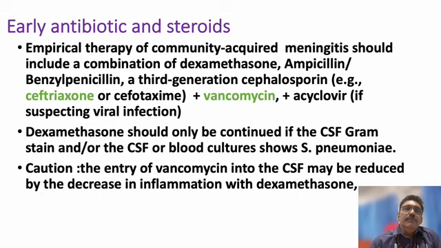To prevent that, at least half an hour prior to the first antibiotic dose, we have to give dexamethasone. Dexamethasone has better penetration than any other steroid into inflamed meninges. So dexamethasone 8 mg can be given, then antibiotics can be started.